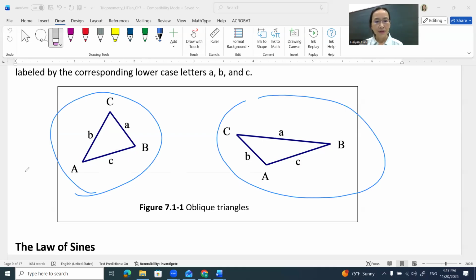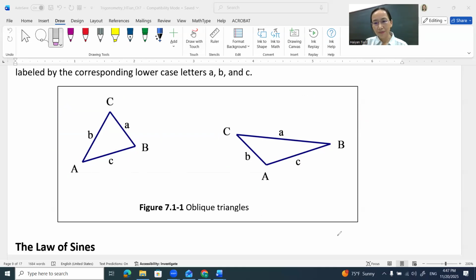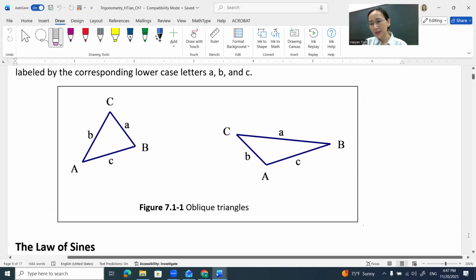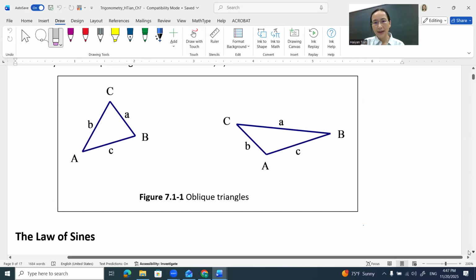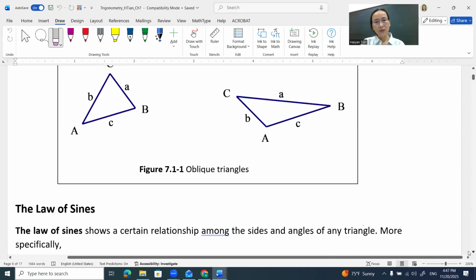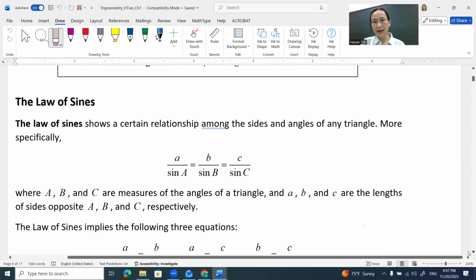And so no matter which case, how do we solve them? Solving a triangle means we're given some information, and we want to determine the unknown angles or side lengths. The tool we need is the law of sines.